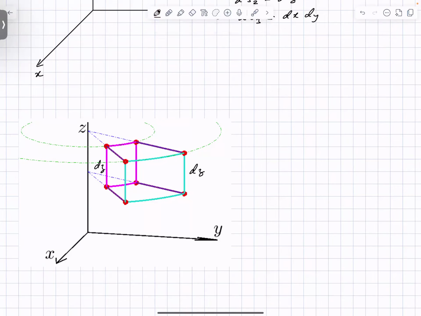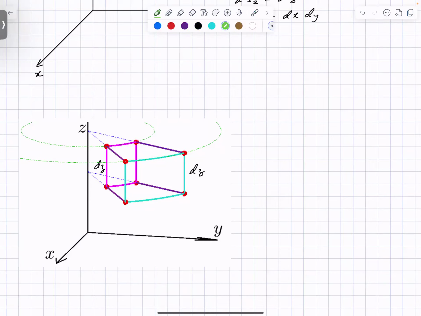And then there is also a range of d rho in the rho direction. So that means if we consider the points on the back side, these points have a rho value of, let's say, exactly rho. And the front four points have a rho value of rho plus d rho. Does that make sense?